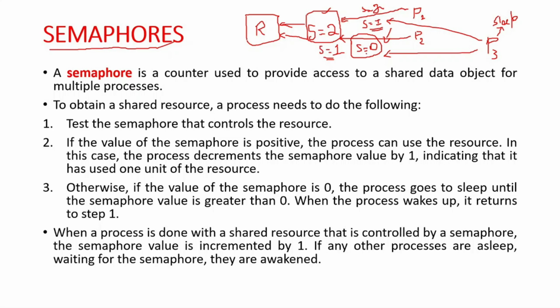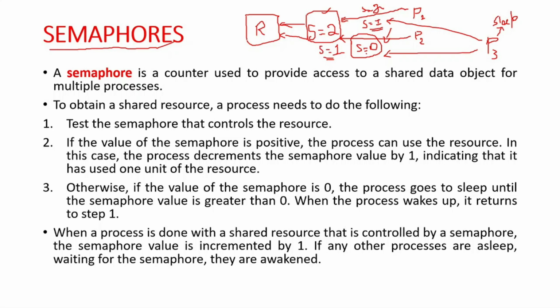So this is how the semaphore works. It is simply a counter associated with the resource, and each time a process wants to access the resource, it decrements the semaphore value by 1. If the value of the semaphore reaches 0, then further processes cannot access that particular resource. If a process wants to access a resource and finds the value of the semaphore to be 0, then it goes to sleep.